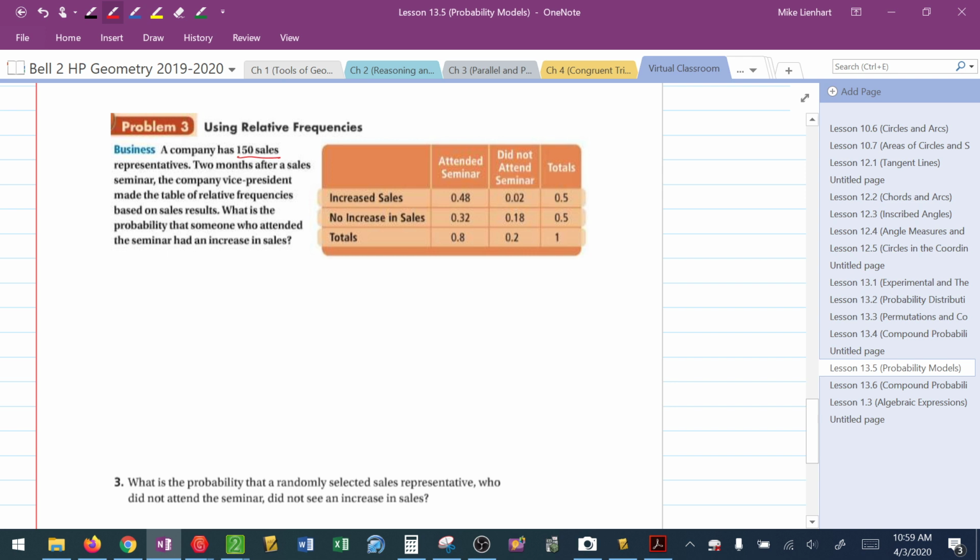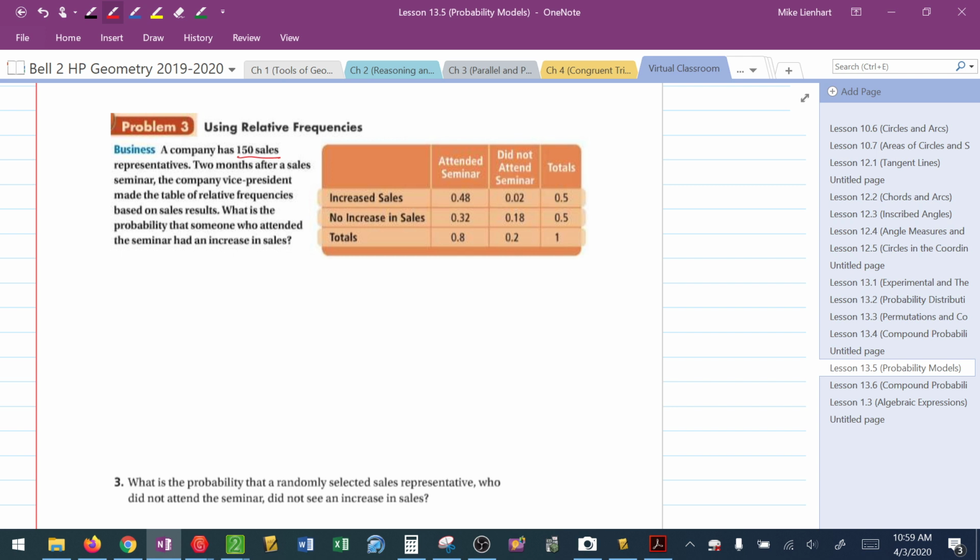What does that mean? That one for the total on my table is really 150. And then this 0.48 would actually be found by figuring out how many people there were out of the 150 in increased sales, and so on. Okay? Here's the beauty. Even though they give us relative frequencies, I don't have to worry about all that.